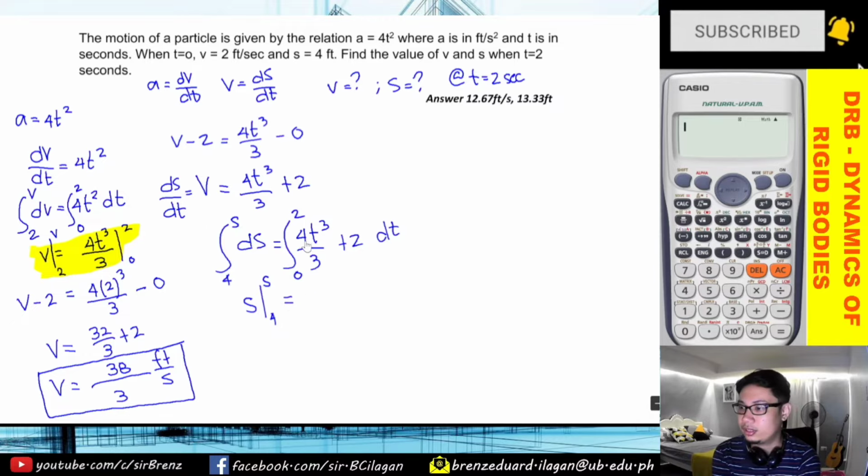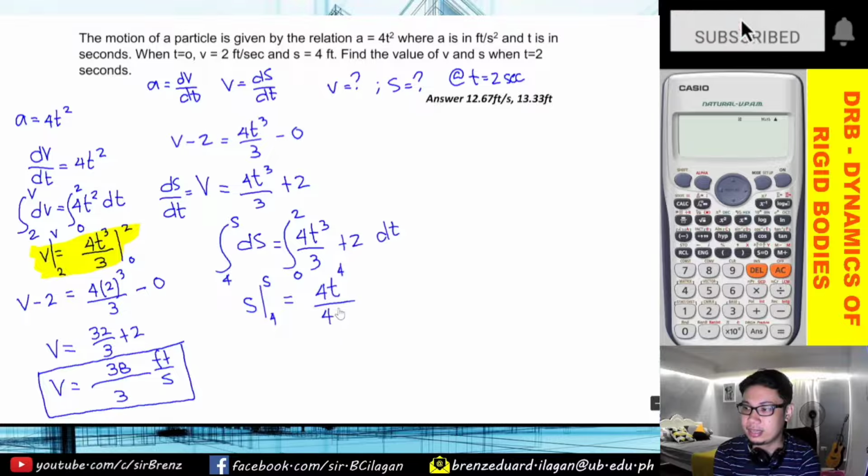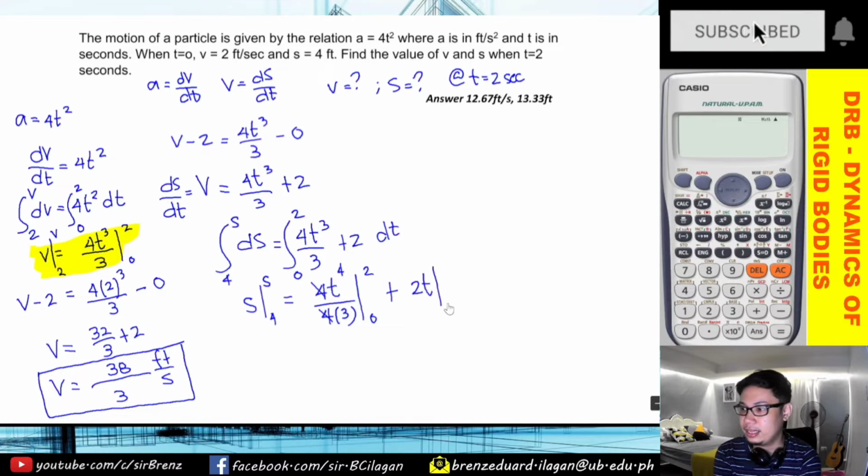Now let's integrate. 4t, 3 plus 1 is 4, so divide by the exponent. I won't combine them yet because I know this will cancel. With the limits of 0 to 2. And next, plus the integral of this, 2t with the limits of 0 to 2.